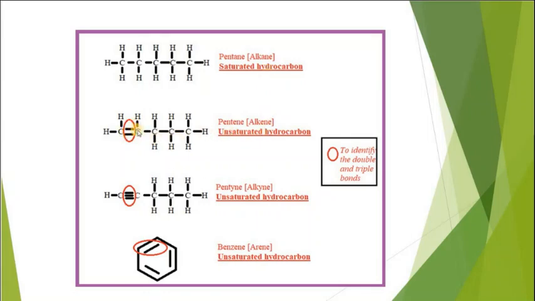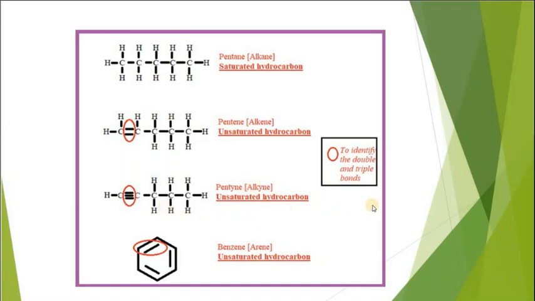If there is a double bond present between any 2 carbon atoms, it would be called pentene, which comes in the class of unsaturated hydrocarbons called alkenes. In the same way, if there is a triple bond between any 2 carbon atoms in this chain, it would be called a pentyne, and this is again an unsaturated hydrocarbon class, alkynes.